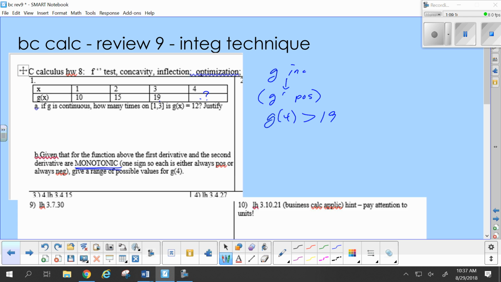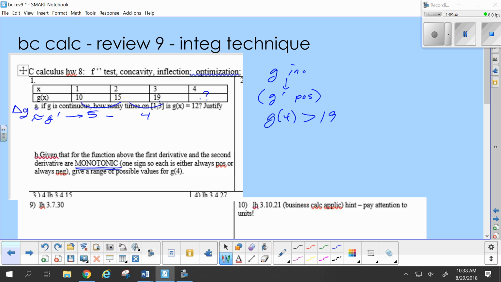Now, that obviously could be a million different numbers. Could it go infinitely large, or is there an upper bound for it? That's the harder one. So let's go here. Look at the changes in the table. This change is 5, yeah? Then the change is 4. Now, what does that tell us? The change in g is like g prime.